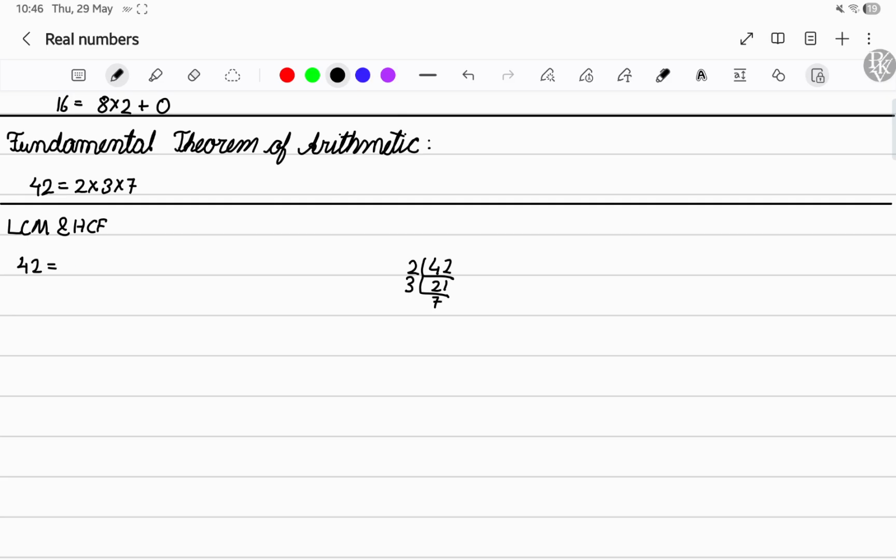So 42 is equal to 2 into 3 into 7. For 24, 2 goes 12, 12 again 2 goes 6, again 2 goes 3. So 24 will be equal to 2 into 2 into 2 into 3.